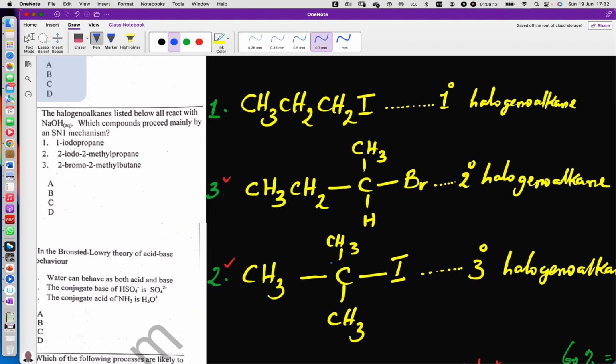Which one is this? This is first iodo, that is 1-iodopropane. So this one is 2-bromo.